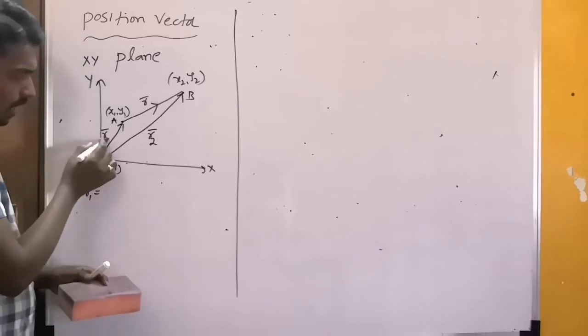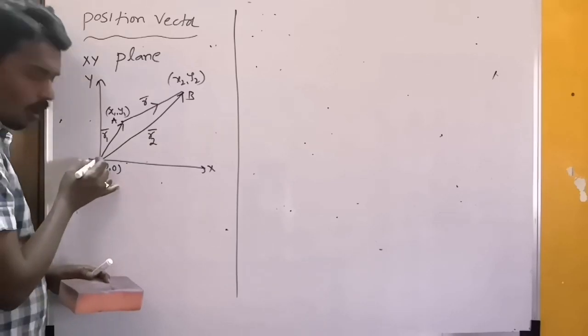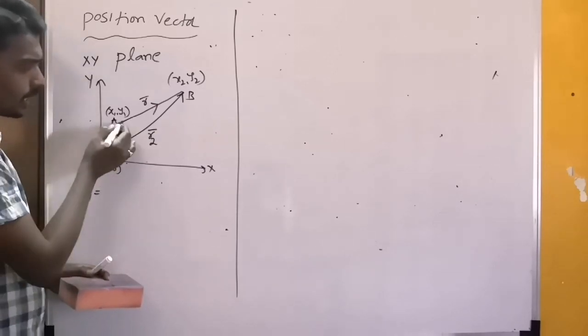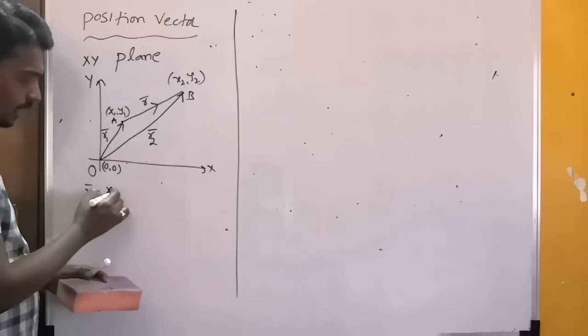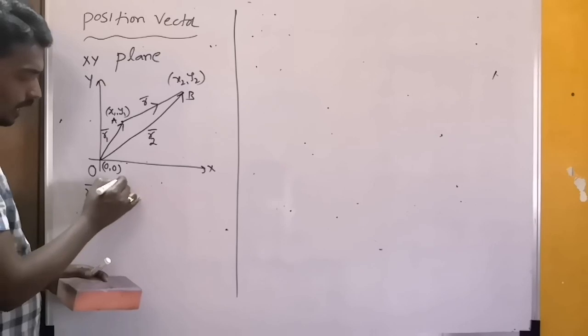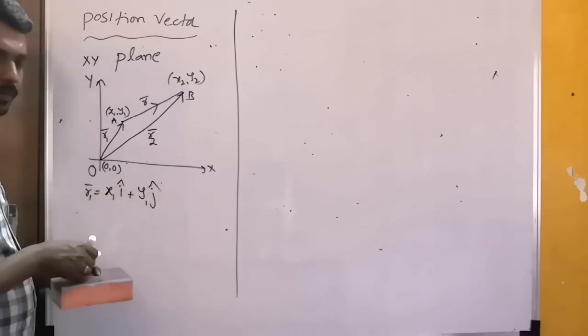Now R1 bar is with respect to the origin. The position vector of any point in the xy plane is x1 i cap plus y1 j cap.